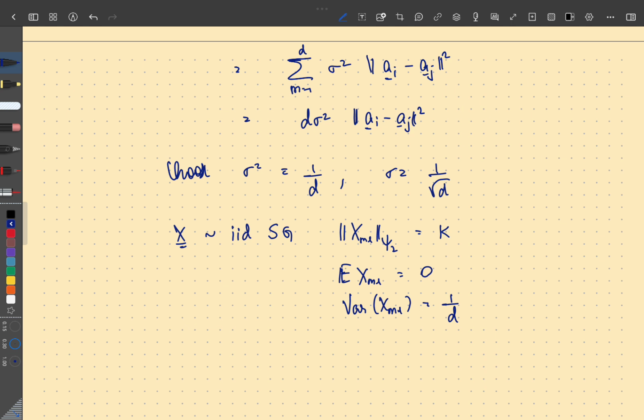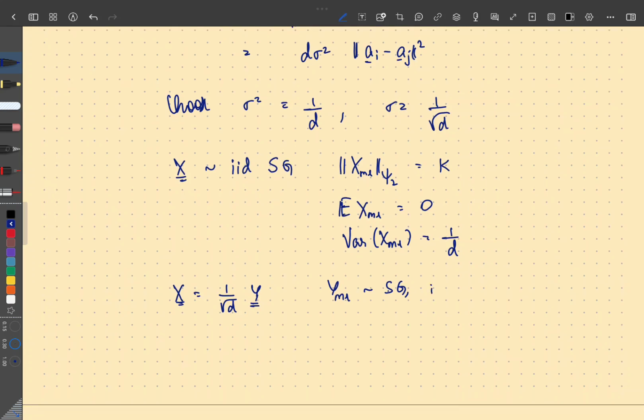I can also write this as X equal to 1 by square root of d times the matrix Y, where Y_ml are all sub-Gaussian IID.